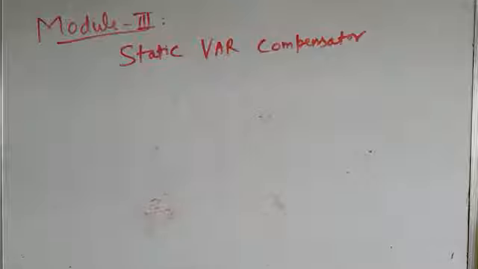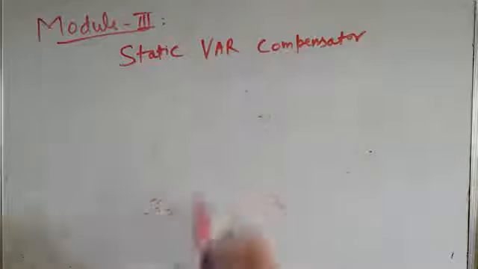If switching is done through mechanical switches, then we have a mechanically switched capacitor. And if switching is done electronically, then we have a thyristor switched capacitor, TSC. As far as TCR and TSC are concerned, which are very important components of an SVC, we have discussed in detail the configuration and operation of both of these components in module 2.